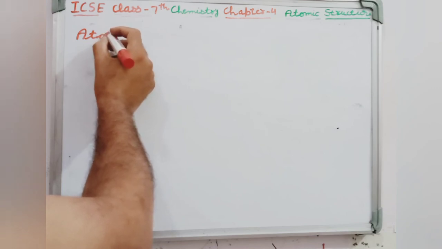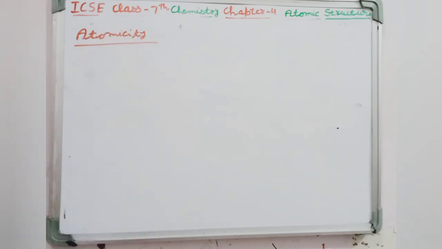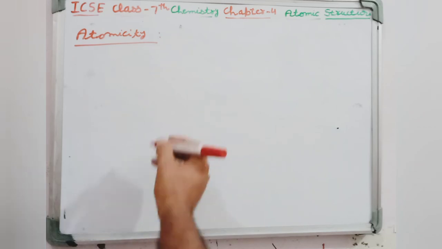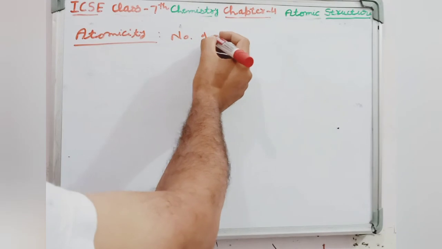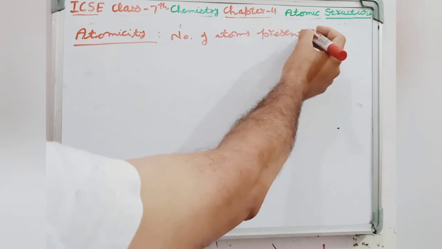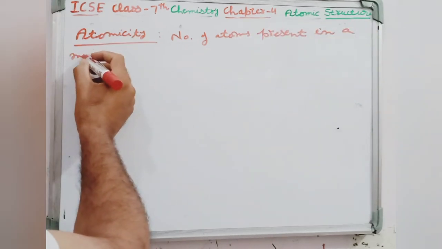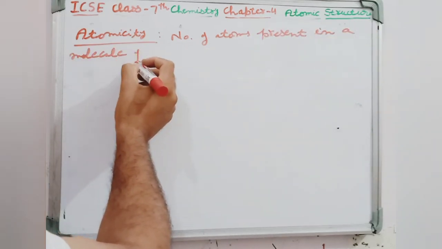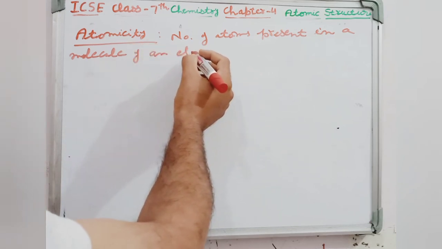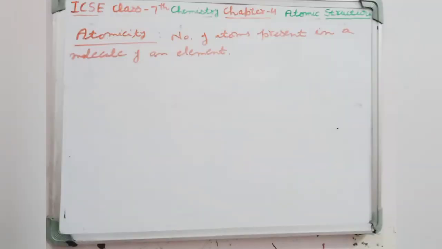Now we will do the next part, atomicity. Atomicity begins from atom. So what does atomicity show? The number of atoms present in a molecule of an element.